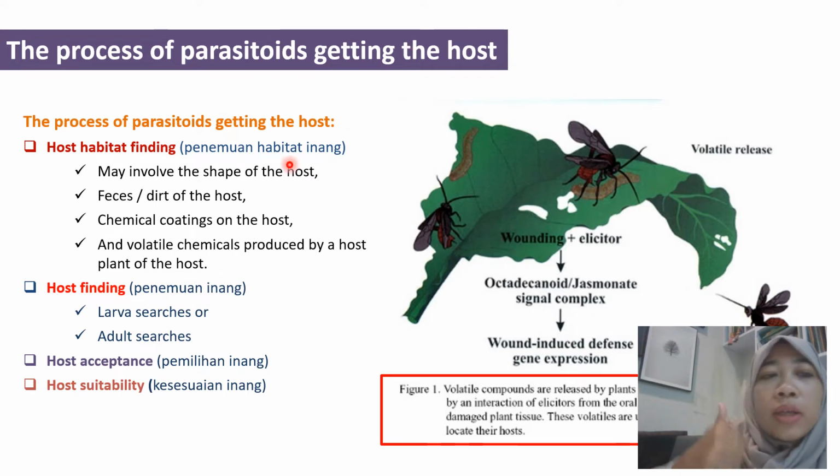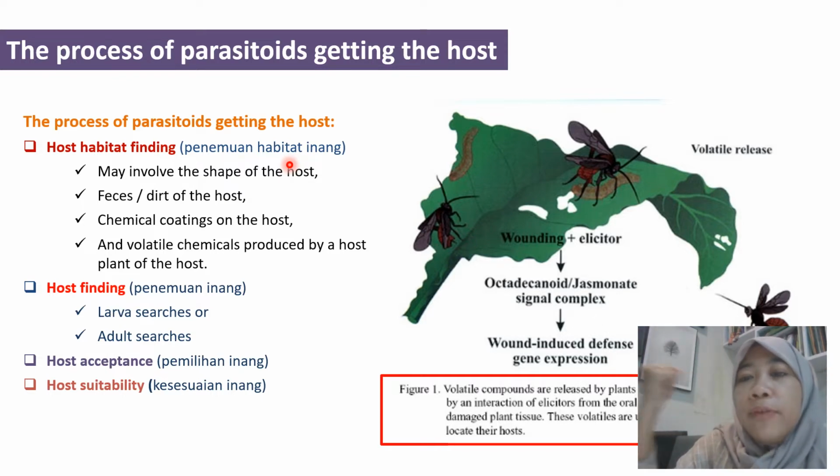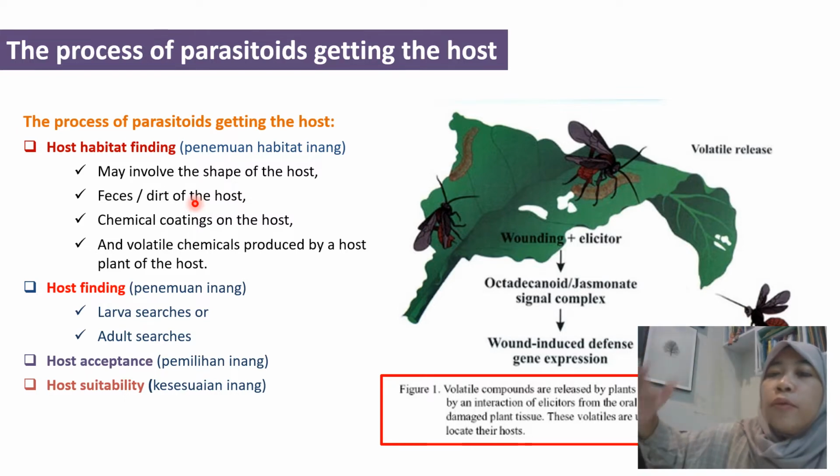And how is the process of the parasitoid getting the host? The first one is host habitat finding. The parasitoid will easily find the host by the shape of the host and the feces or dirt of the host. So the feces will also attract the natural enemies to come.